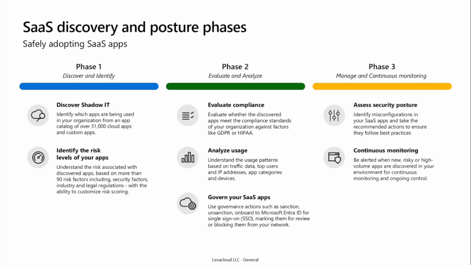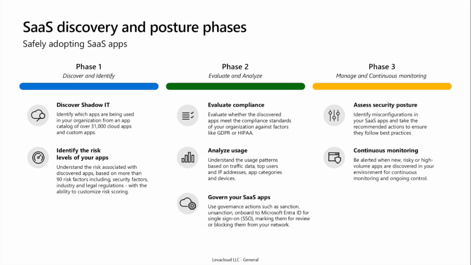And this is kind of like a continuous life cycle with 3 different phases. So discover and identify. That's kind of where everyone starts with this tool. What are users actually doing? What's out there? Then moving into the sort of evaluate and analyze. And it's kind of cool because in that phase of things, when you've got a good data set in there, you can generate high-level reports to share with executives and that kind of thing.